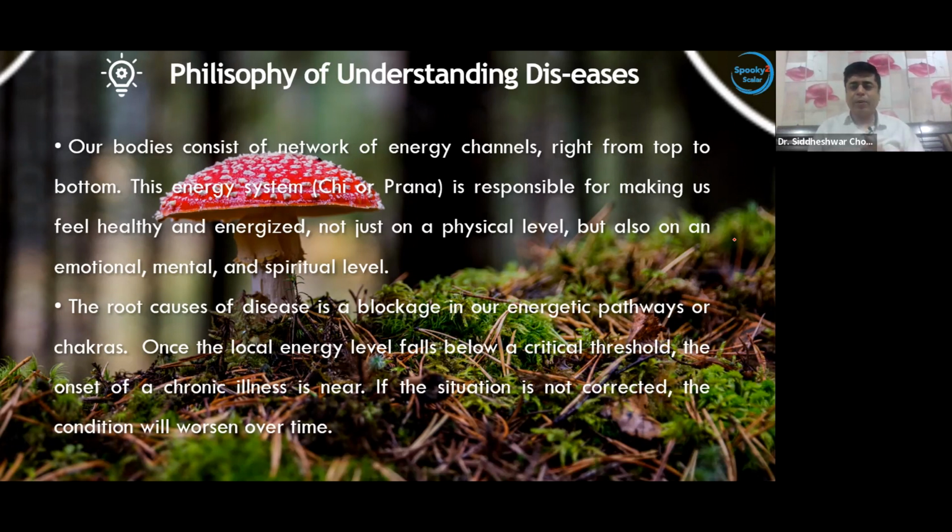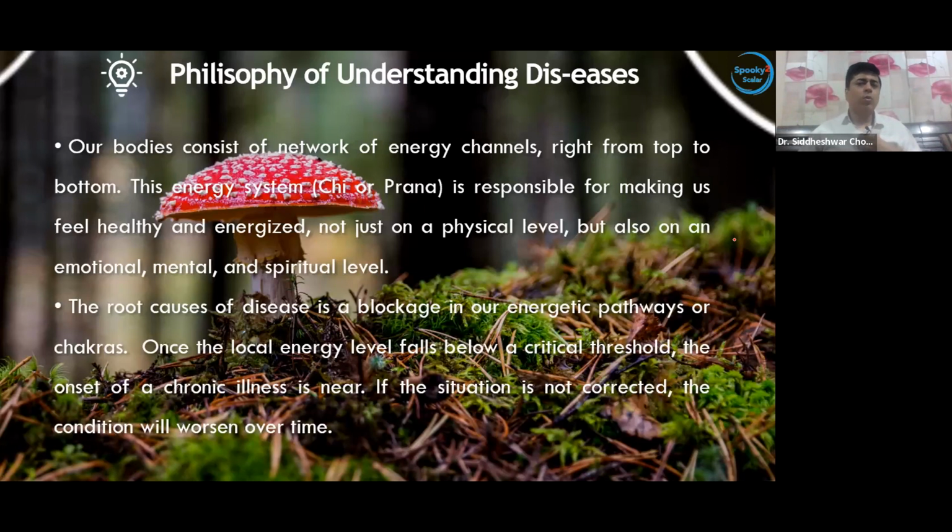Recently I came across Germanic New Medicine, and therein the entire concept of diseases has been brought down to dust, and everything seems to be disharmony, conflict, trauma, the shocks we undergo in our lives. That beautifully merges with the concept of scalar and the philosophy of diseases.